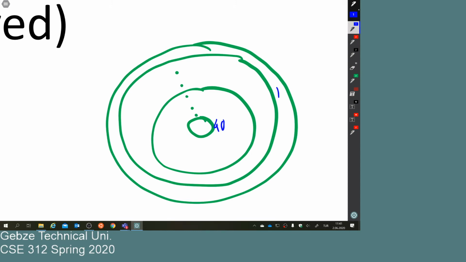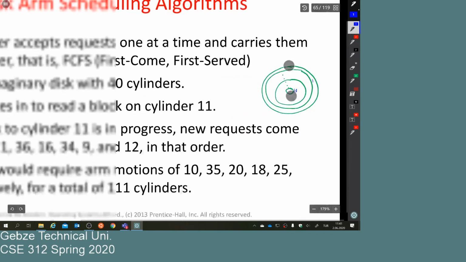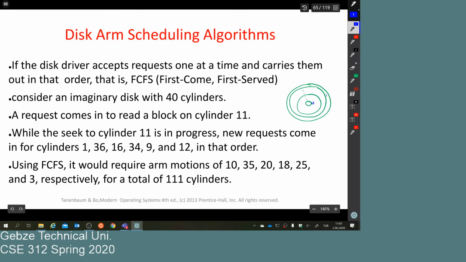I numbered it that way, and there are many processes. They want to transfer data, write or read from the disk, and they say that they need information from track number 1, track number 36, 16, 34, 9, and 12. These are the requests that are waiting in a queue.